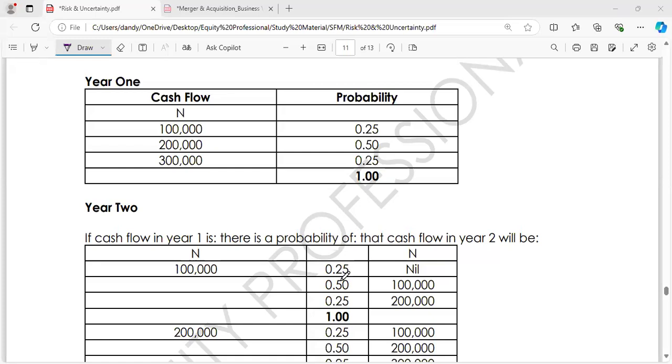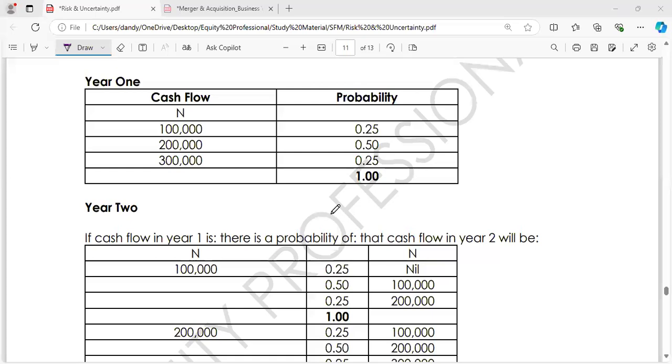So as a result of that, you cannot use the normal expected value to compute your NPV. It has to be the decision tree because each of the methods has its own unique way of incorporating risk.